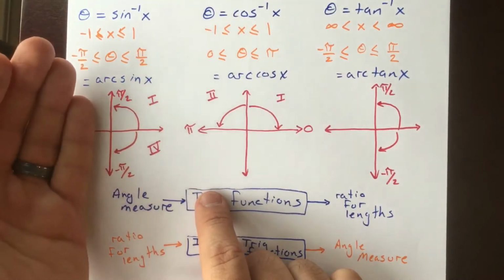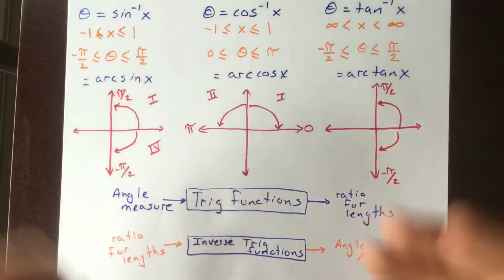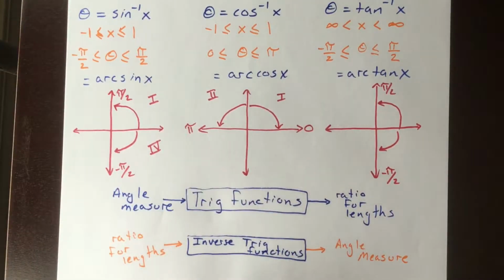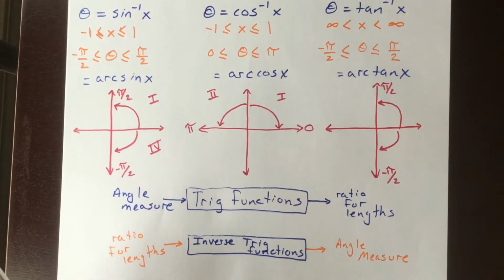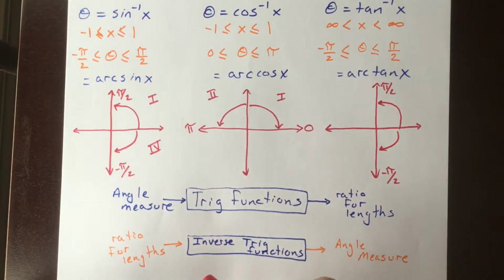So we're able to take from the other quadrants and go back to the domain. That's going to be rather easy to do when we look at examples. The key thing with these inverse trig functions is that we're inputting a side length and it is outputting an angle measure. Input side lengths, output angle measures.